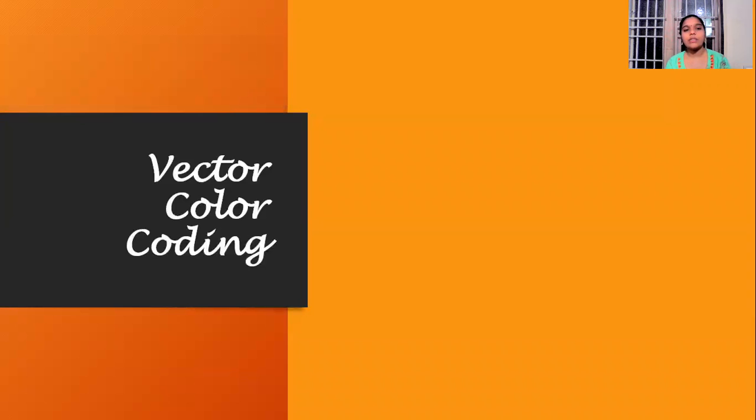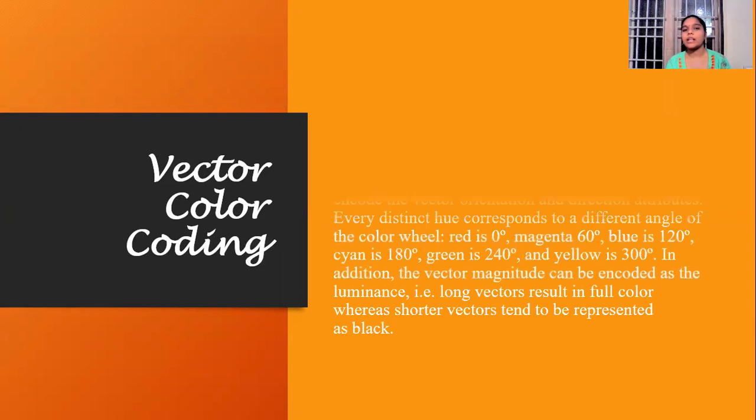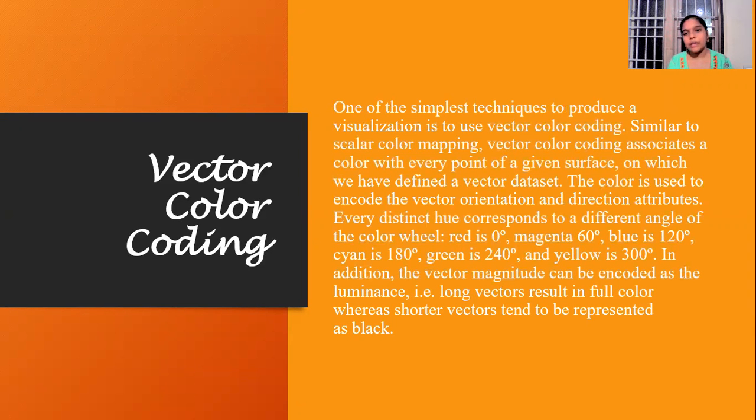Coming to the next, vector color coding. What is vector color coding? Vector color coding is a simple visualization technique. Similar to scalar color mapping, vector color coding associates a color with every point of a given surface on which we define a vector dataset. The color is used to encode the vector orientation and direction attributes.